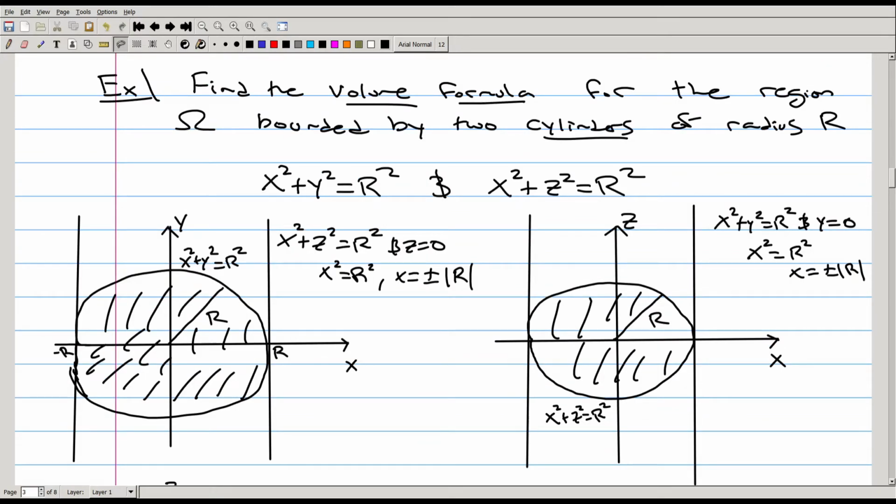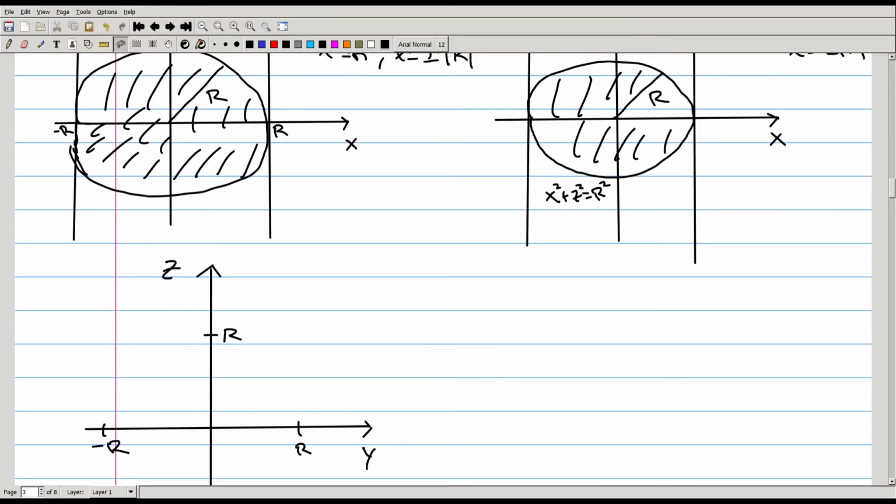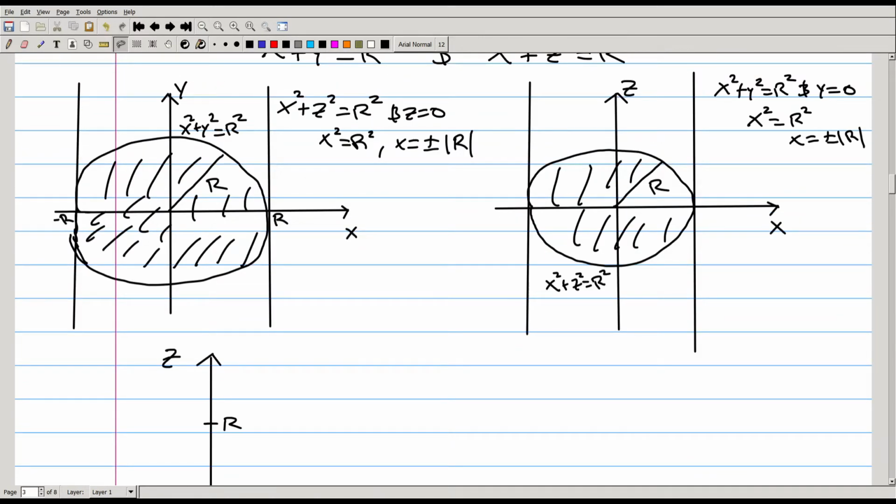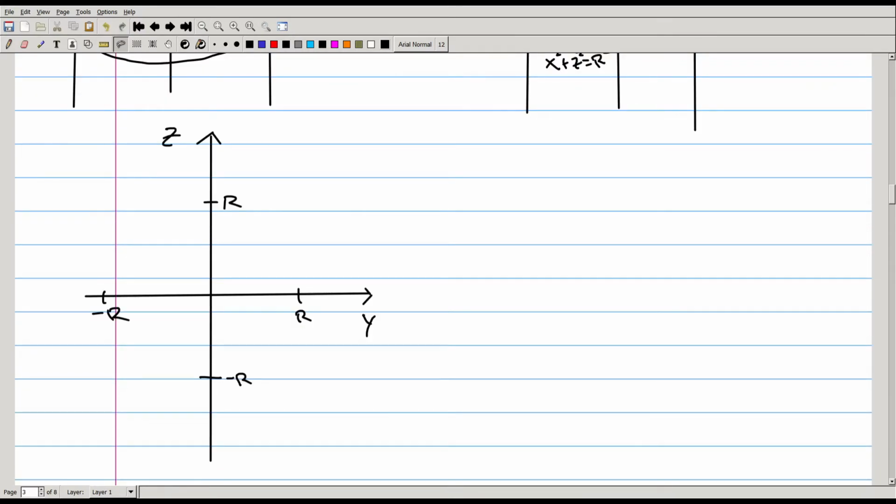So the final plane that we want to look at the trace on to get an idea of what the shape looks like is going to be the zy plane, right? It's the zy plane, and we know from before that y goes from negative r to r, and z also goes from negative r to r. And we can also directly visualize both of the cylinders in the problem.